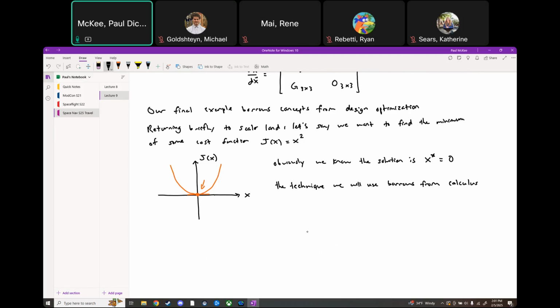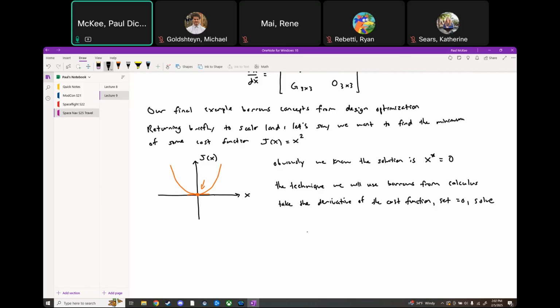So we take the derivative of the cost function. We set it equal to 0, and we solve. So even those of you that haven't taken design optimization, now design optimization covers quite a bit more than this, but you would be amazed how far you can get by setting up a cost function, taking a derivative, setting it equal to 0.